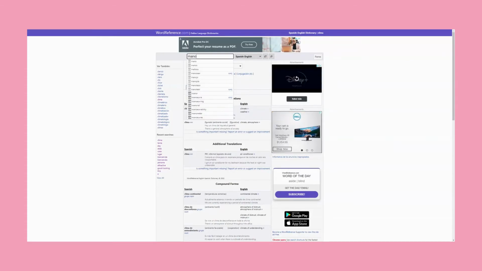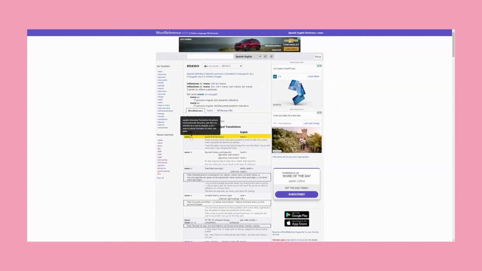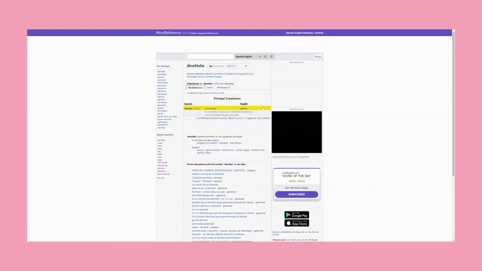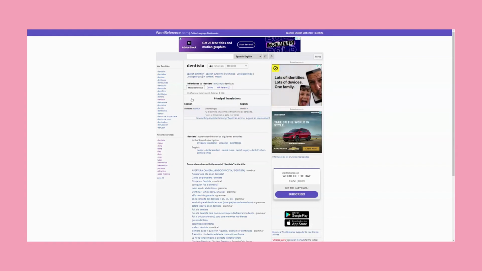Another example is mano. Mano is hand, and look, it ends with an o, and it's a feminine noun. There are also some nouns that don't change according to gender. For example, dentista, dentist. Dentista ends with an a, but if I'm talking about my male dentist, I will say el dentista.